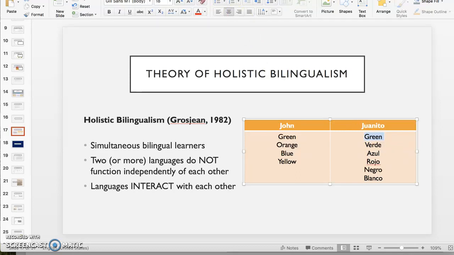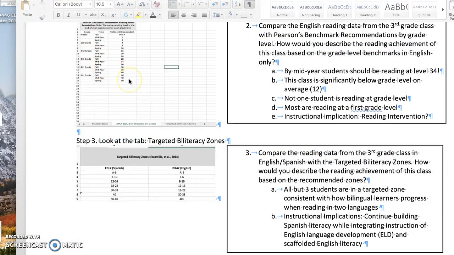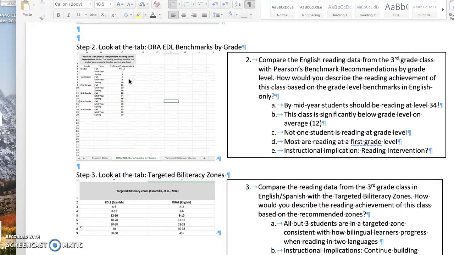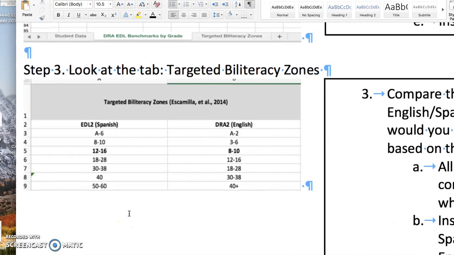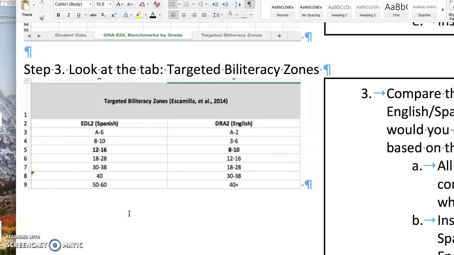So where I left off in the last video was turning to our reading analysis again. And if our goal is to be reading at grade level, reading at 34 by middle of the year, 3rd grade, and we look at some of our students that we saw in the reading analysis, what if we had a student who was reading at an 18 in Spanish and at a 16 in English?